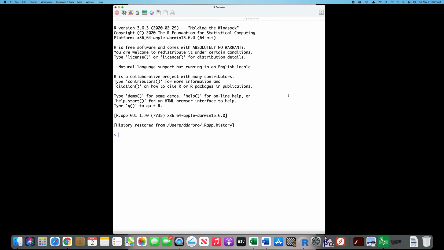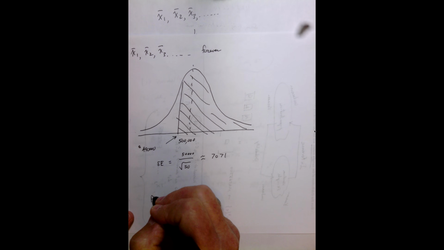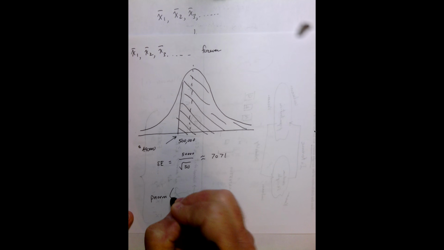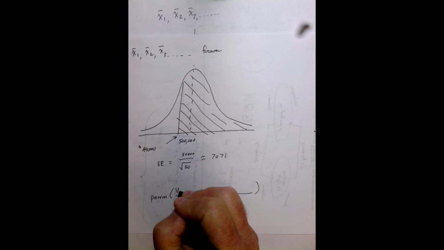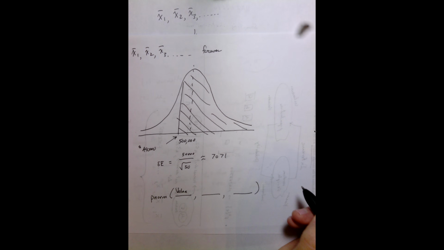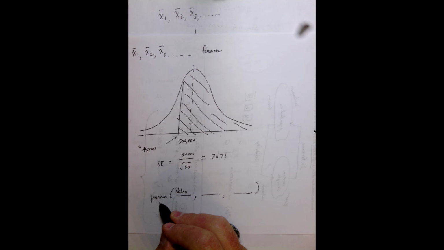R has a normal calculator and we call it pnorm. Now, let me pump the brakes a little bit. This may be the first time you've seen this. pnorm in R has 3 entries. First of all, it's the value at which you want to calculate the probability from a normal distribution.